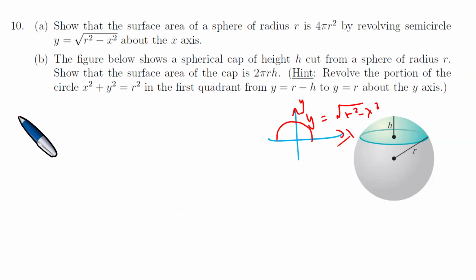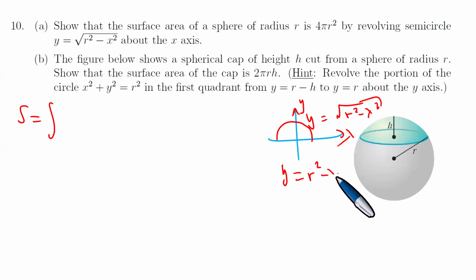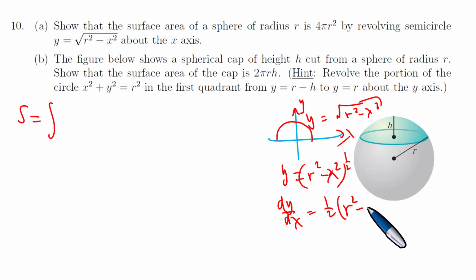So in the end, if you want to find the surface area of a sphere, you're going to use the formula again, the integral, because this one is already y equals. So if y is equal to r squared minus x squared, raised to the power 1/2, then dy dx is equal to 1/2 r squared minus x squared, and then you subtract 1 from the half, getting minus 1/2.